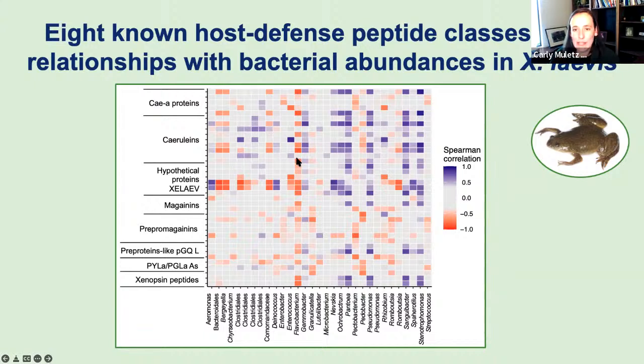So it looks like these peptides are antimicrobial to Flavobacterium. But for instance, if you go over to Stenotrophomonas, it has almost all purple or blue colored, so positive interactions with all of these host defense peptides. So it looks like these peptides are pro-microbial in this instance.